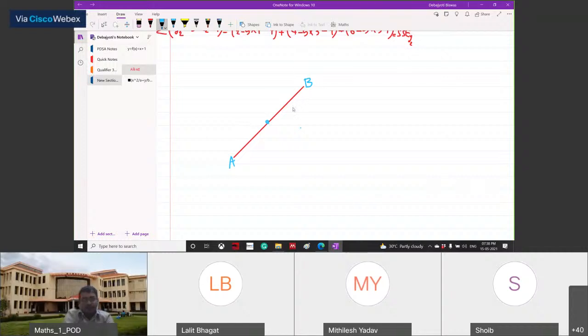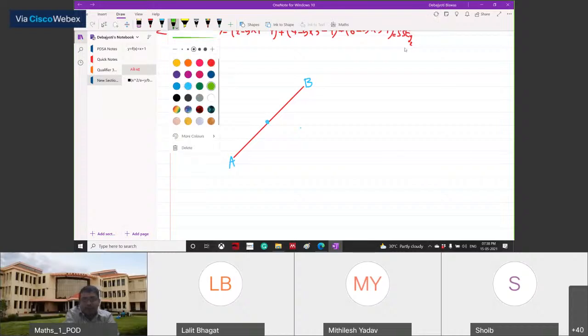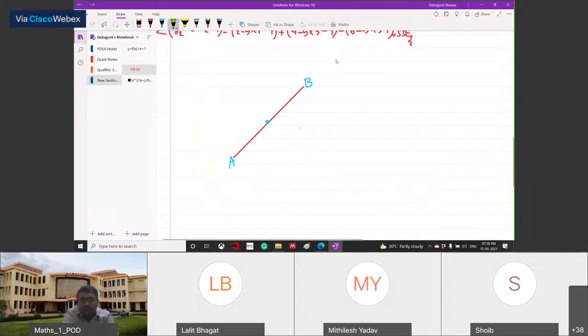So that is one case. Another case which can happen is that this point is on the line, but it is a bit outside. So maybe here. Okay, this is on top of this line only.